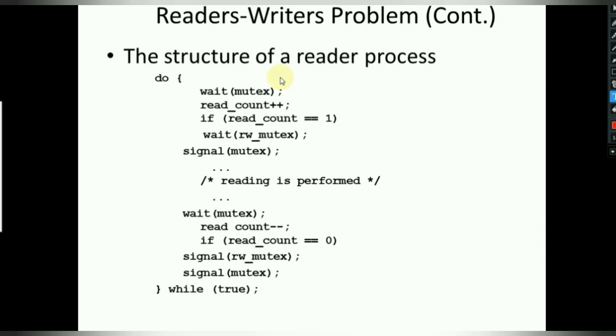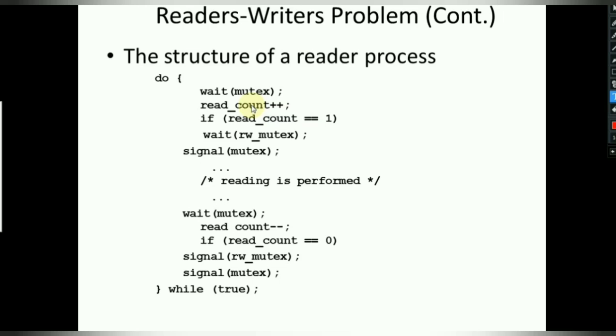We are using all three variables in this algorithm. We use wait mutex to ensure that the read count value is manipulated by only one reader process at a time.